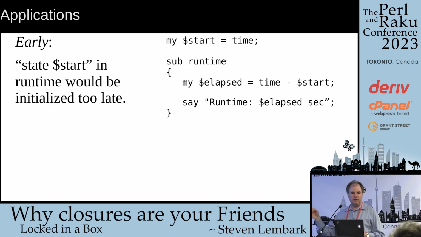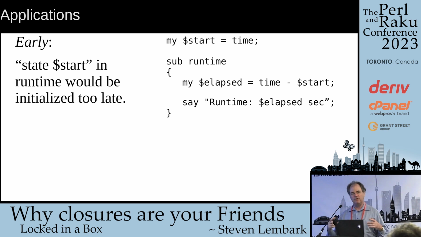Another time that these are nice is if you have something that's defined early. Again, with state variables, I could have an isolated variable, state $start equal time, but I wouldn't set it until the first time I called this runtime sub. That might be too late to give me accurate timing of how long something runs through my program.